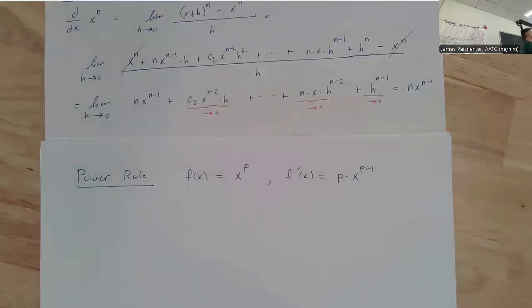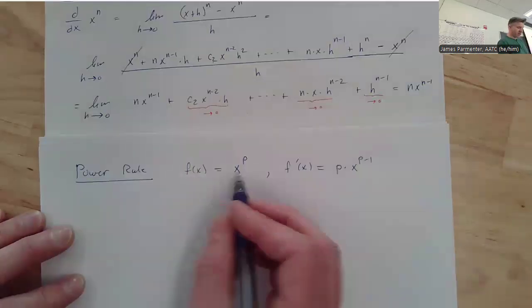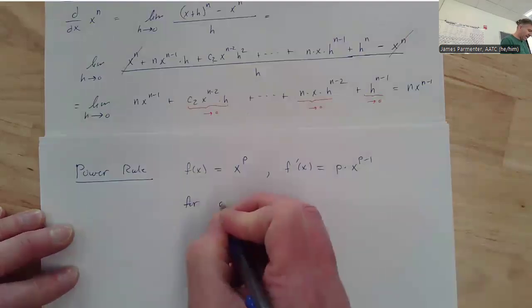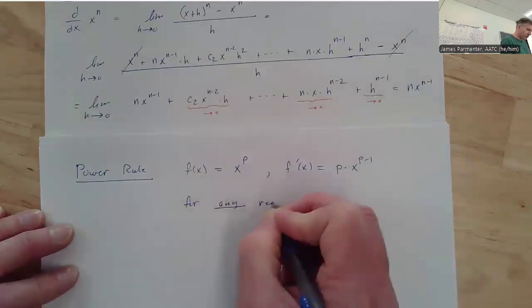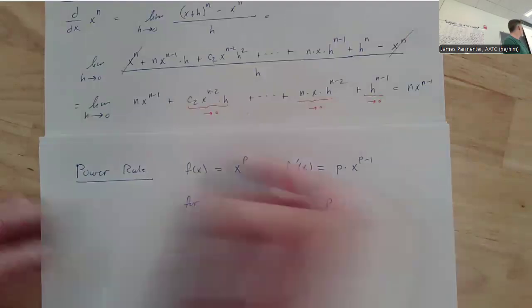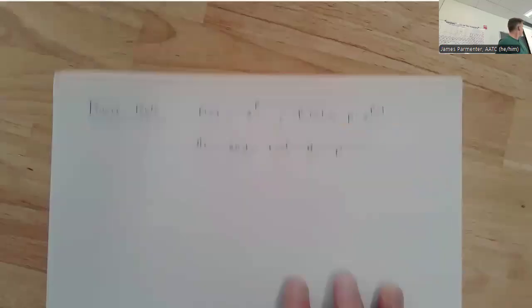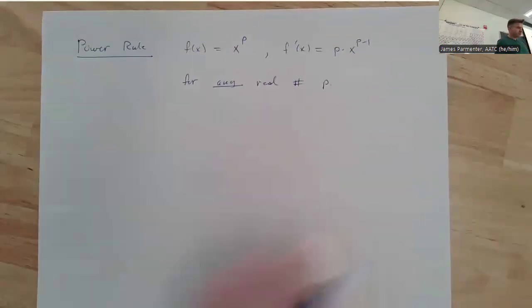The power rule is true for any real number p. So the derivative of x to a power is the power times x to the power minus 1 for any real number p. Even if p is something unexciting like 1 or 0, it still works.